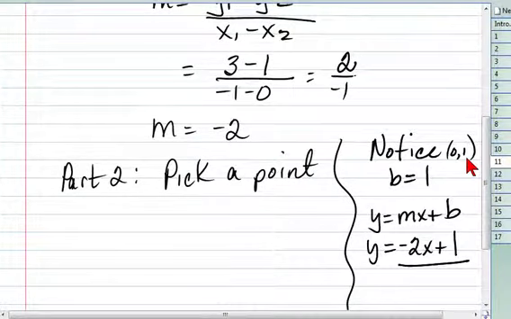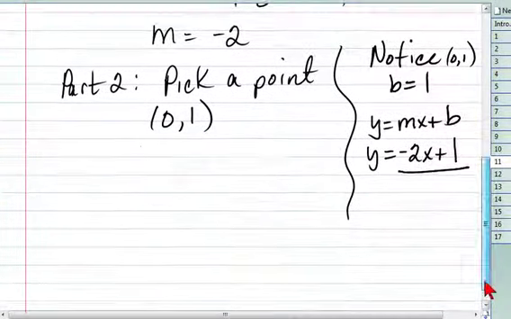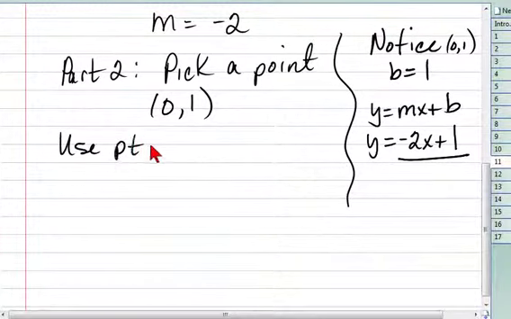All right, going back, let's just say that the average person doesn't notice it. Pick a point. What point would you pick? Oh yeah, you'll pick 0, 1, and you still won't notice that you've got the y-intercept in front of you. It's okay. That's okay. It still works. All right, so now you say, okay, I will use point slope.